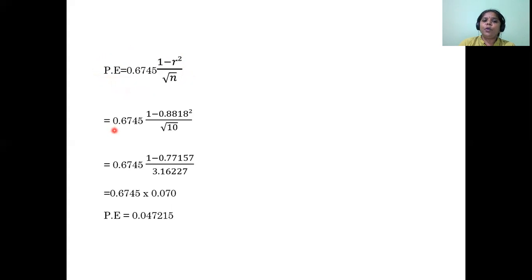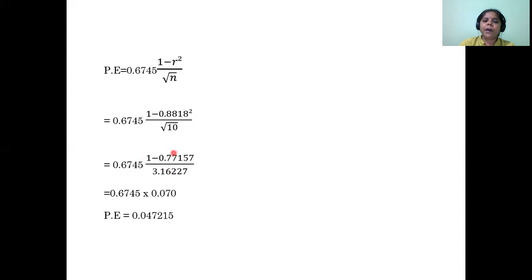So that is equal to 0.6745 into 1 minus the correlation value you got, put here, divided by root of the number of items, that is root 10. So 0.6745 into 1 minus 0.8818 square. That means 0.8818 into 0.8818.